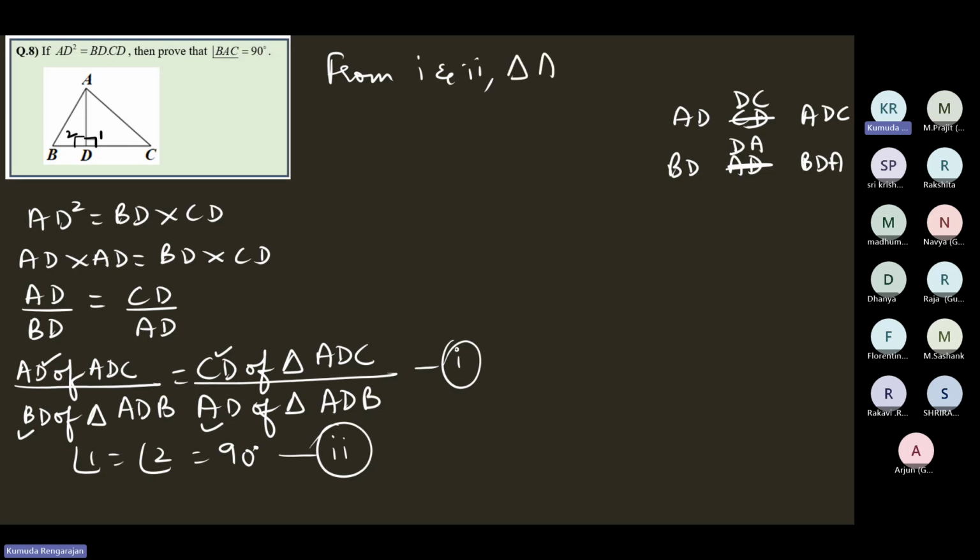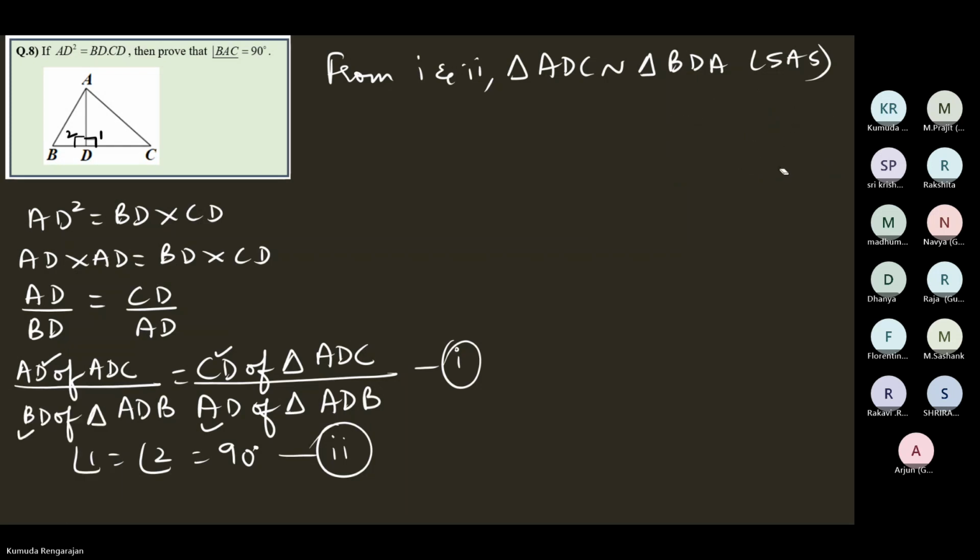Triangle ADC is similar to triangle BDA by the SAS similarity criterion. Sides proportional, included angle equal. And you name the triangles in the correct order.